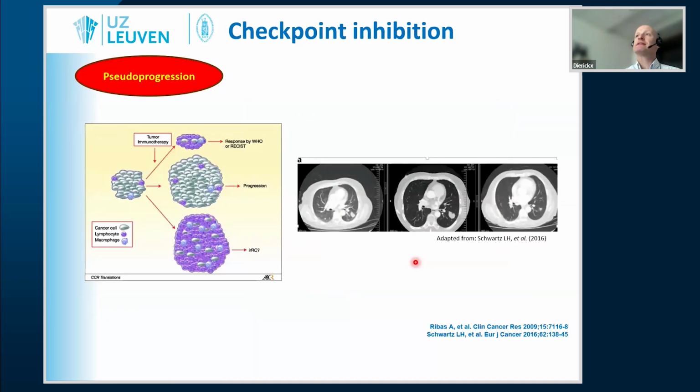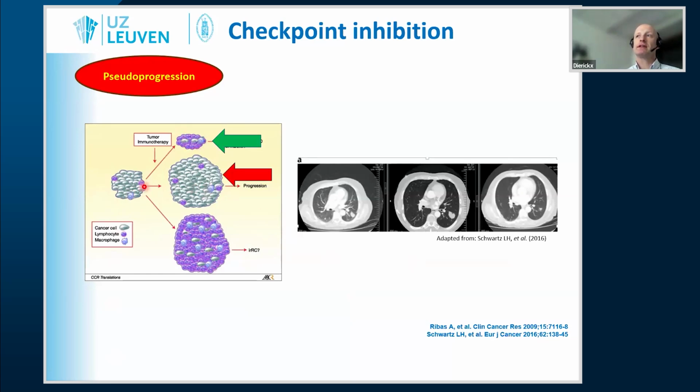Another very important issue in checkpoint inhibition is the pseudo progression. So if you give therapy, this is a tumor, the gray cells are the tumor cells and the purple ones are the lymphocytes. If you treat a tumor with chemotherapy, this is actually what you want. You want all the cancer cells to disappear.